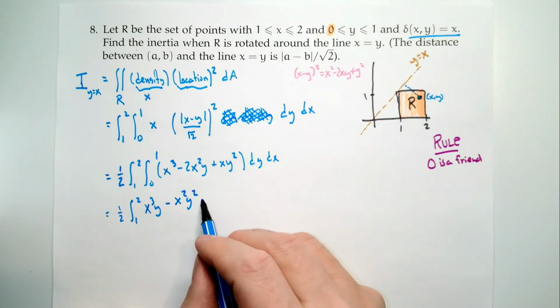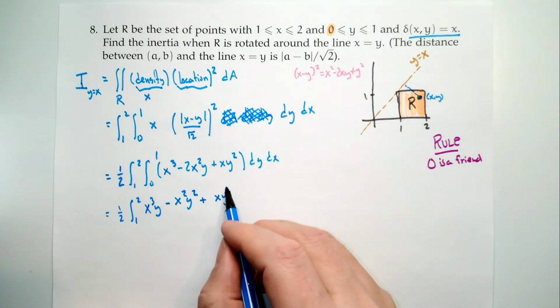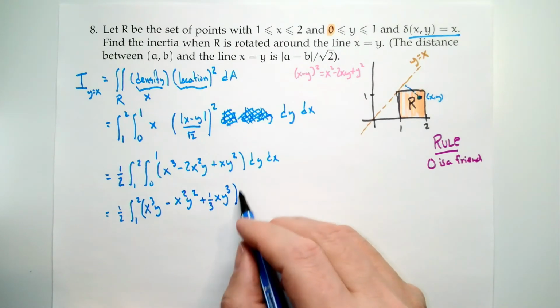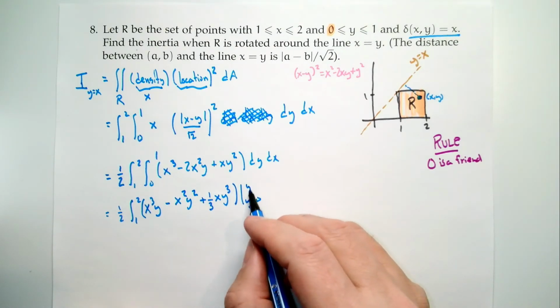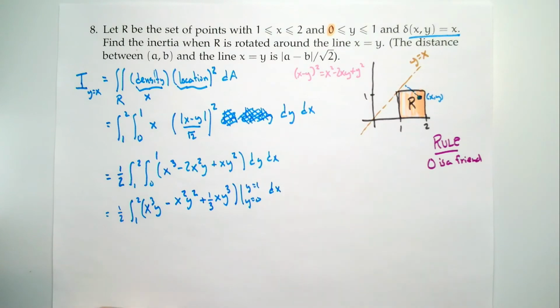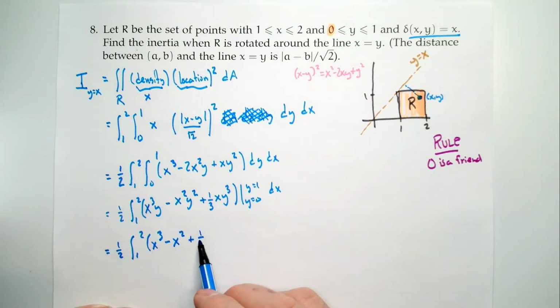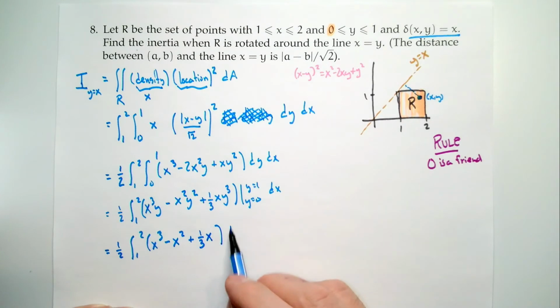And the last one we get plus x y cubed, then we divide by 3, so that's 1/3. And we're going to evaluate that from y equals 0 to y equals 1 dx. So plug in 0. The nice thing is you get 0, 0, 0. So we need to only plug in 1. So that's a half integral 1 to 2 of x cubed minus x squared plus 1/3 x dx.